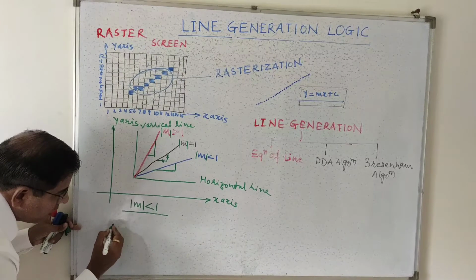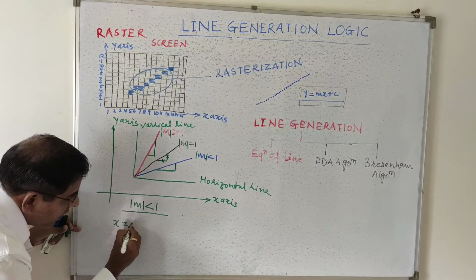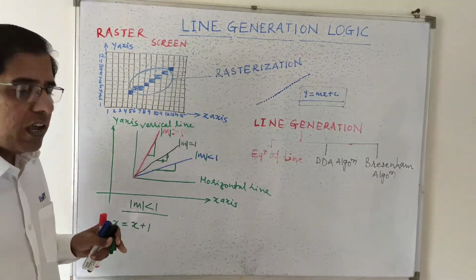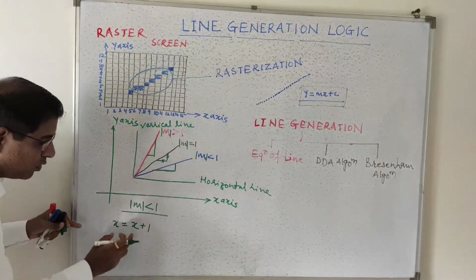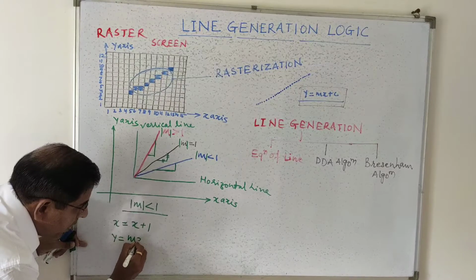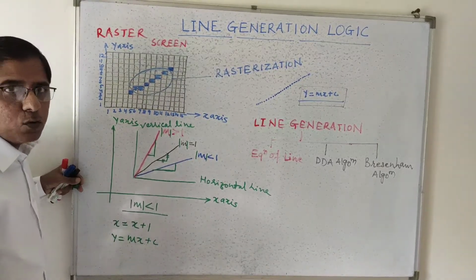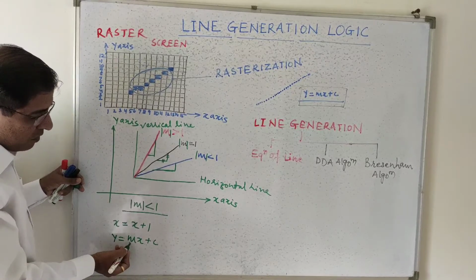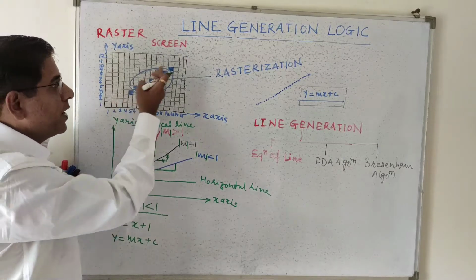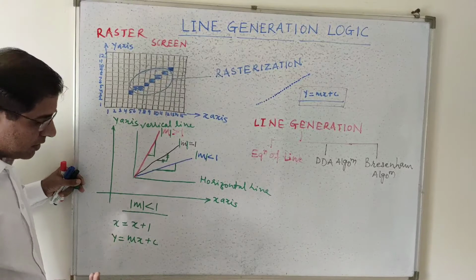So what we'll do is increase the value of x by 1 in every iteration, and then put this value of x in the equation of line y equals mx plus c, where m and c are constants that you know. m is the slope of the line, which you can calculate if the start point and end point coordinates are known, that is (yb minus ya) upon (xb minus xa).